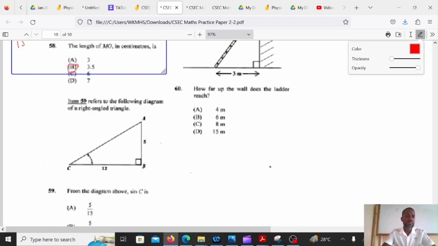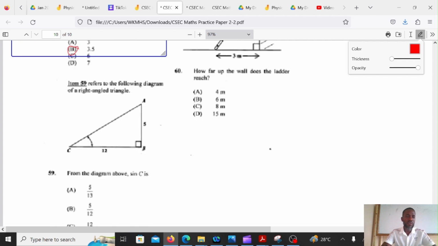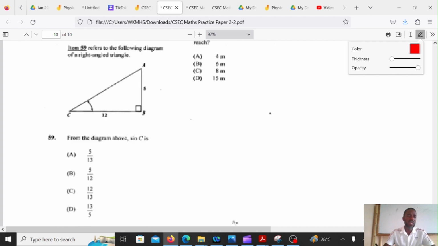It says now, from the diagram above, sine C is, okay, so here we have a right angle triangle, and if we apply Pythagoras' theorem, we will realize that this side is 13. But let's prove it. We know that Pythagoras' theorem says that the square of the hypotenuse is equal to the sum of the squares of the other two sides. Okay?